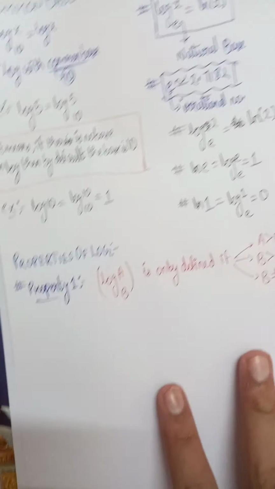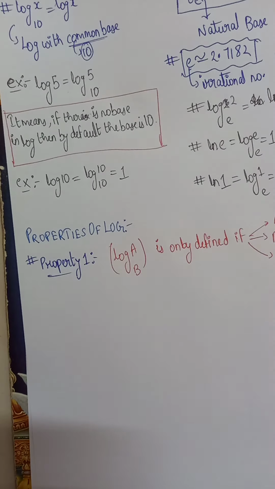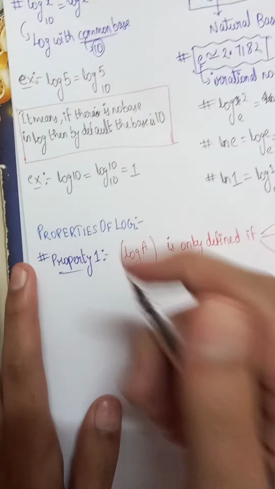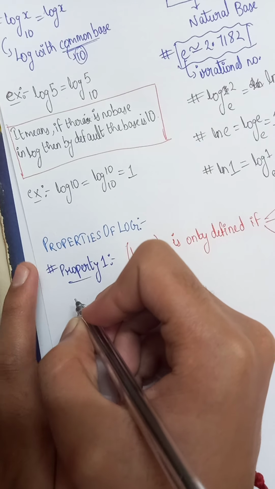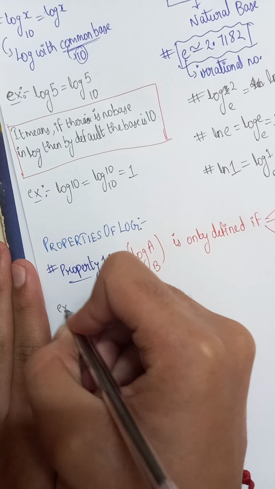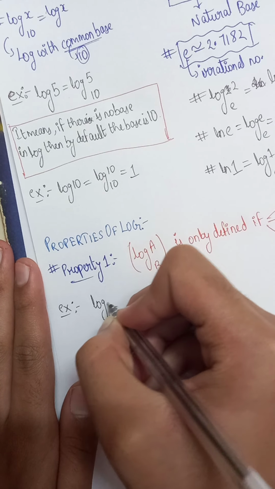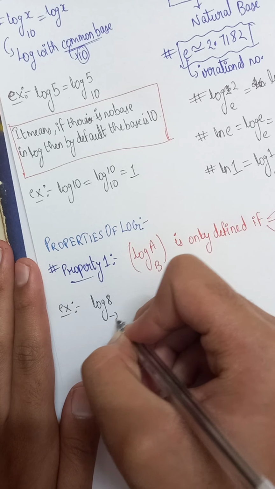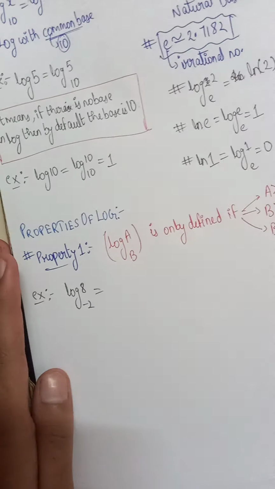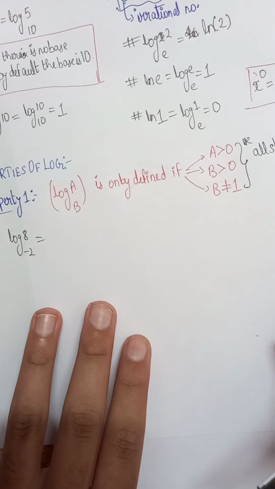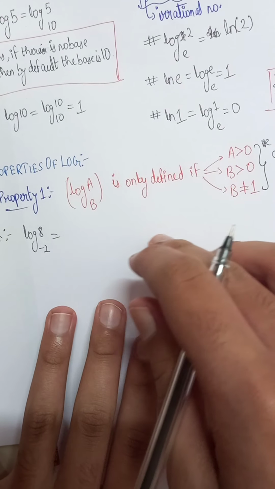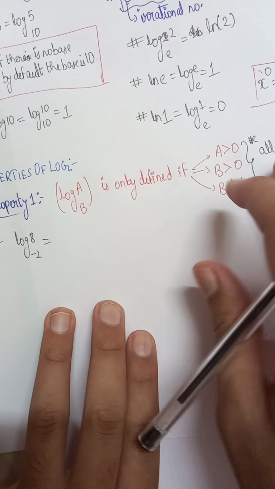Okay, so now let's move on to some examples based on this property. First example: log 8 to the base minus 2. Just keep writing the solutions by comparing this with these conditions.